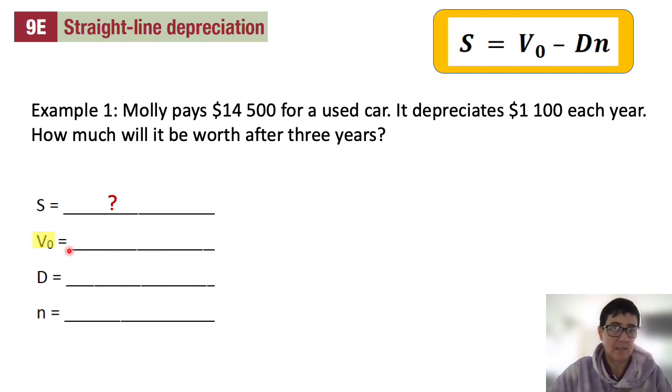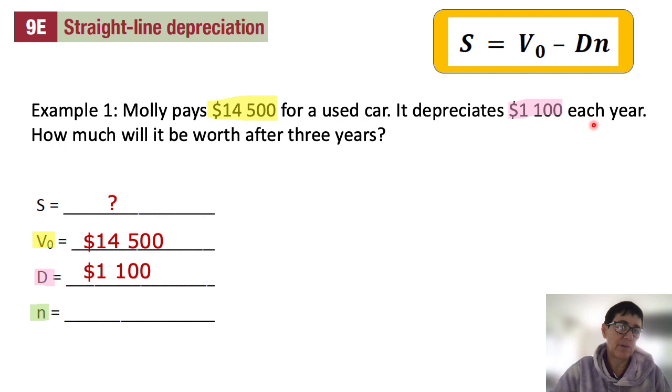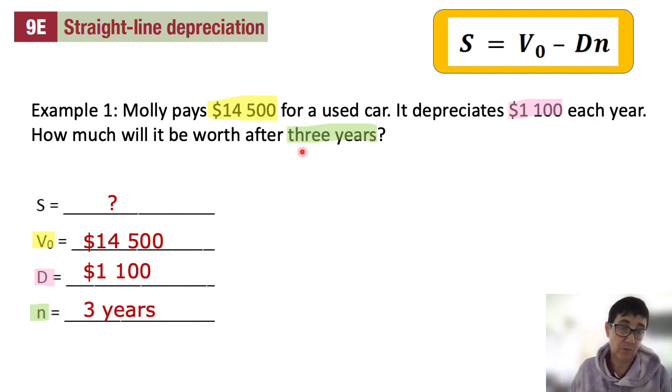V0, how much was it when she paid for it? She paid $14,500. So that was the original value that Molly paid for the car. The depreciation, how much it loses each year: $1,100 each year. And the number of time periods, how much will it be worth after 3 years? So I've got all the information I need.